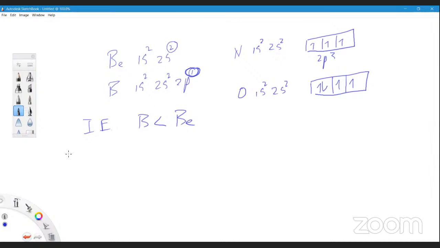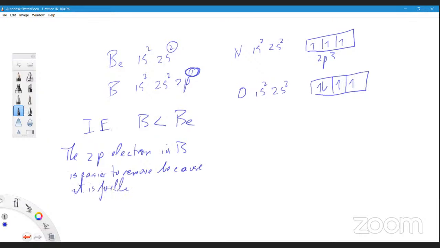So basically, the 2p electron in boron is easier to remove because it is further away from the nucleus compared to the 2s electrons.